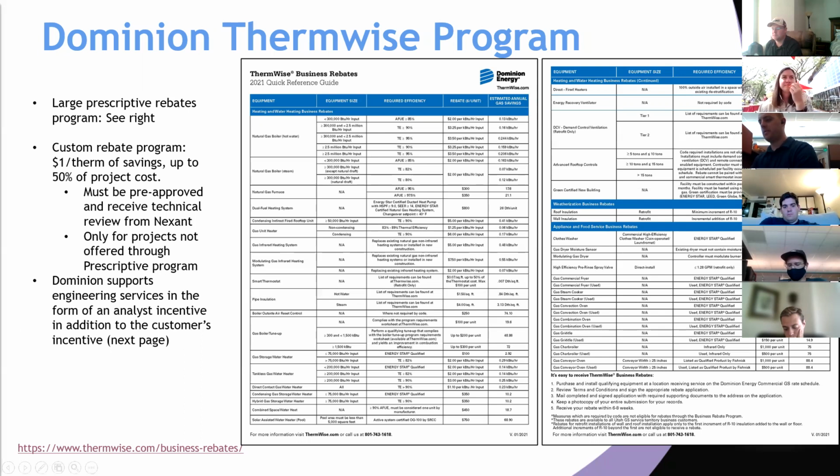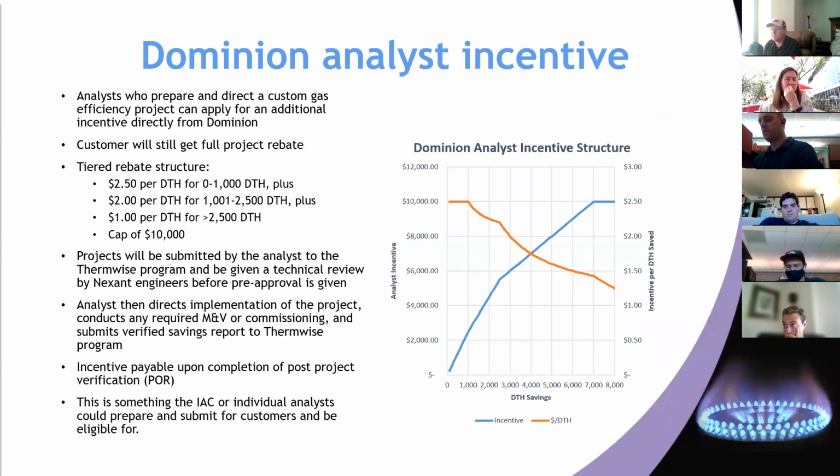And if you're doing a custom project, Dominion will also offer an incentive directly to the analyst based on the number of decatherms that the project will save. Otherwise, Dominion doesn't pay engineering firms to do energy efficiency rebates analysis. This is the way you can get that.